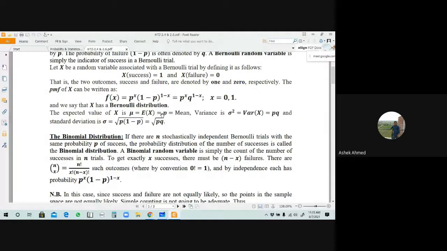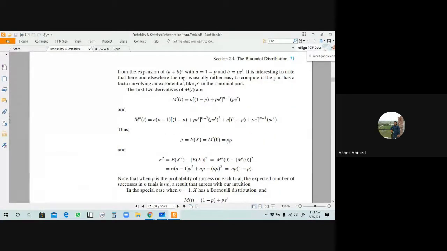There is no n. Okay, but in the binomial distribution there is n present.